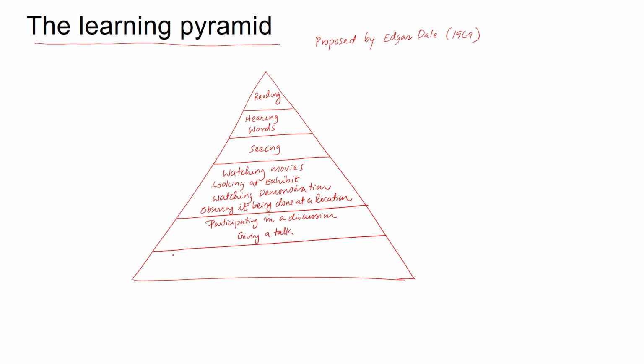The last one is doing a dramatic presentation, simulating the real experience, or doing it in real time. So, these are the various methods, what we call the learning pyramid, methods of learning.